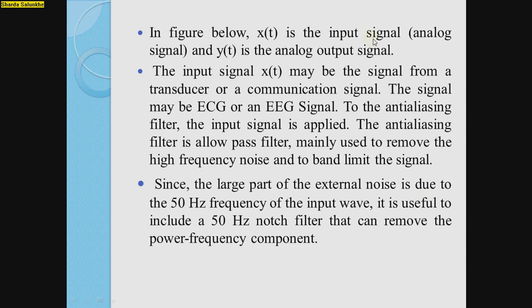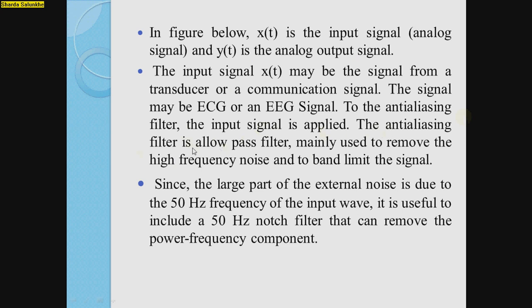So in the figure, the X of t input signal is applied, which is in the analog form, and Y of t, the output, is also in the analog form. The input signal X of t may be the signal from a transducer or a communication signal. The signal may be an ECG or EEG signal. To the anti-aliasing filter, the input signal is applied.